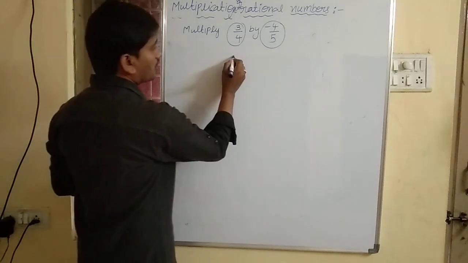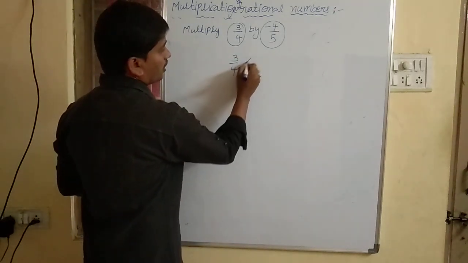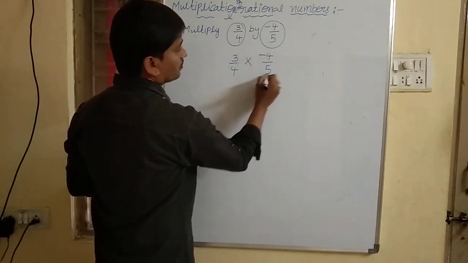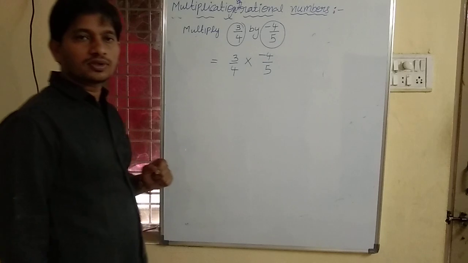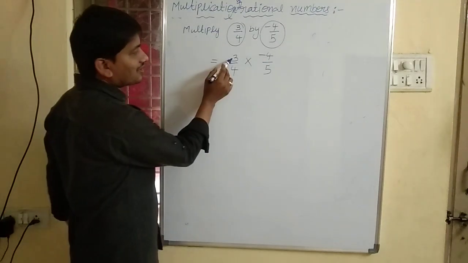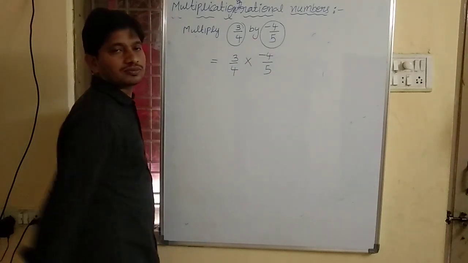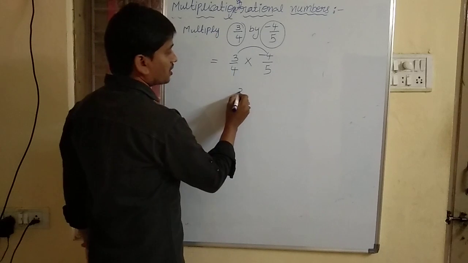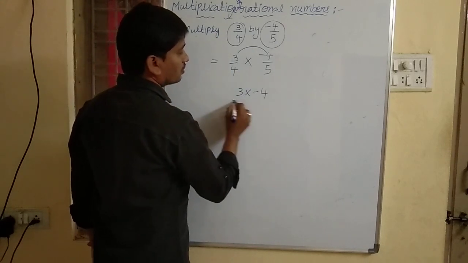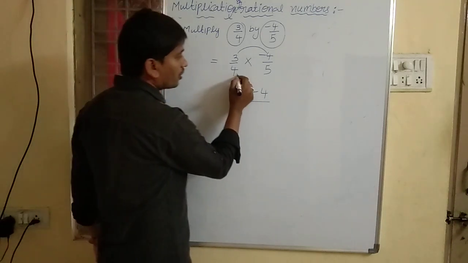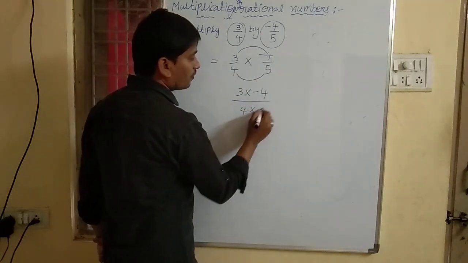So multiply 3 by 4 into minus 4 by 5. What are the numerators here? Numerators are 3 and minus 4. Multiply the product of numerators, that is 3 into minus 4, divided by the product of denominators 4 into 5.